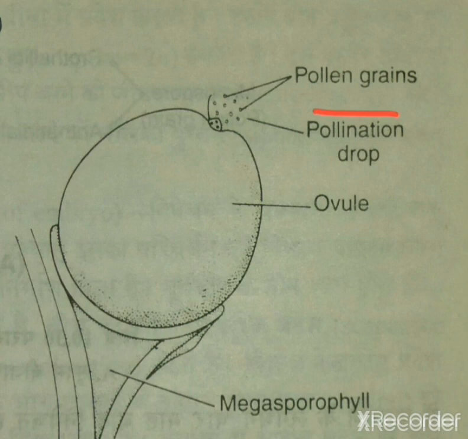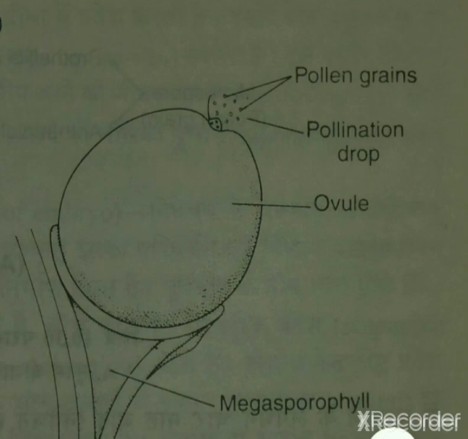The pollen tube carrying the male gametes grows towards the archegonia in the ovule and discharges its contents near the mouth of the archegonia. Fertilization occurs, the zygote develops into an embryo and the ovules into seeds, and these seeds are not covered. So these are the overall things about the gymnospermic plant.